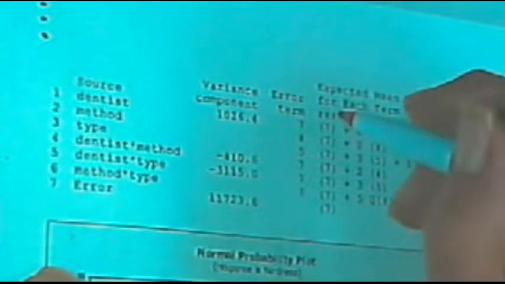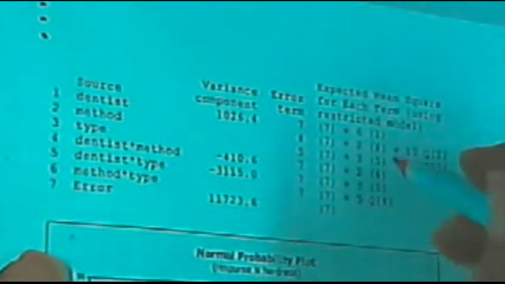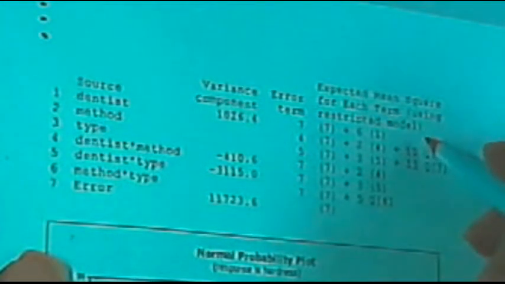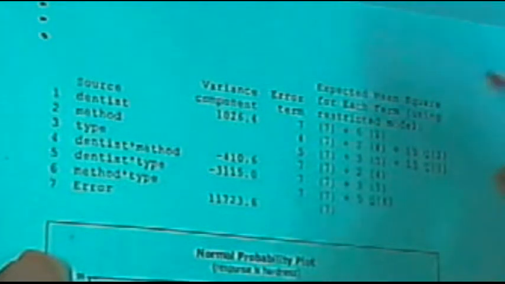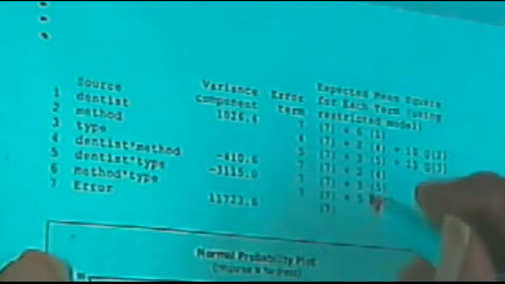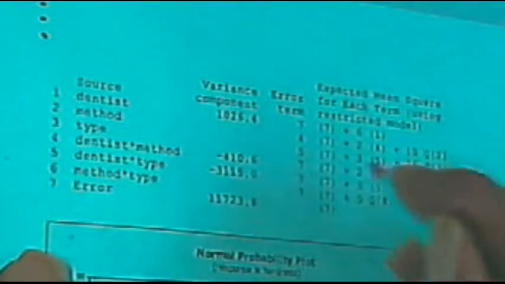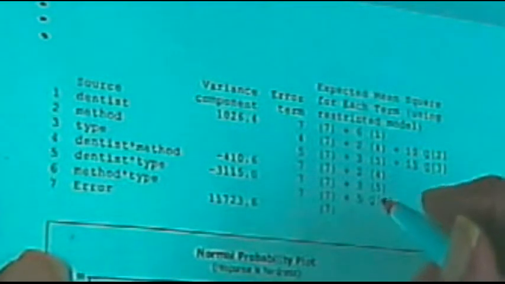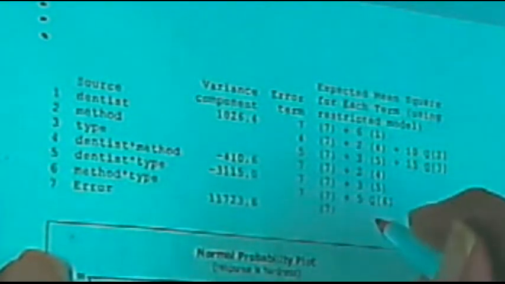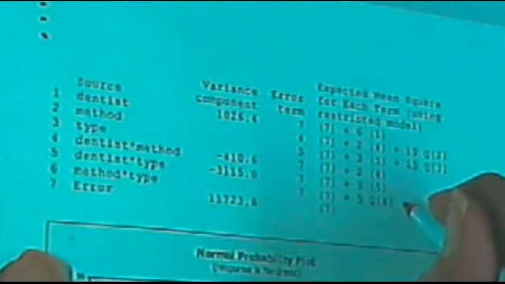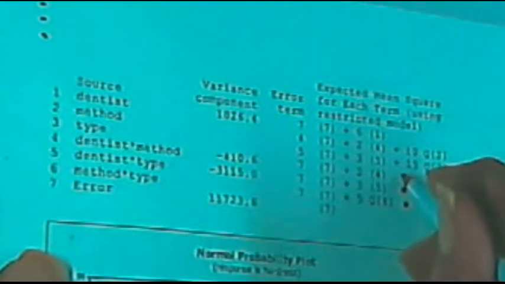And it talks about the error term. Now let's take a look at this expected mean square column. So we'll start at the bottom. The error, we don't need to test about error. So we can say 7, the error, is the right denominator for that one, and for that one.